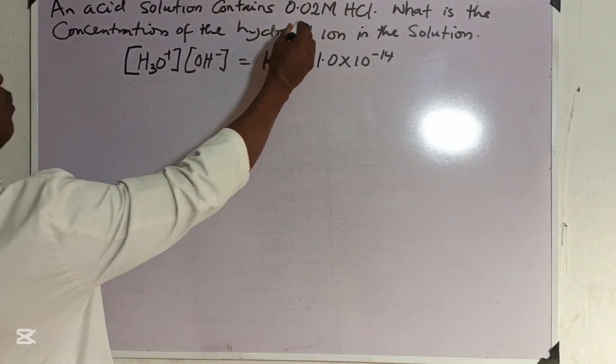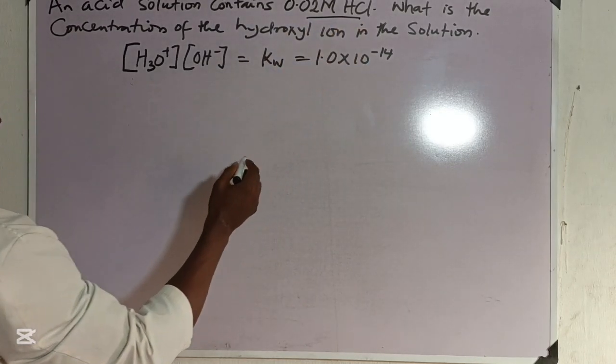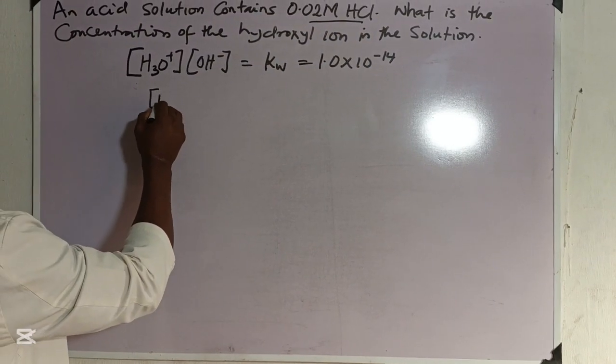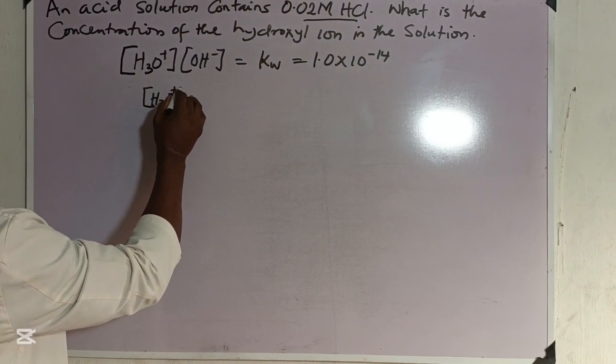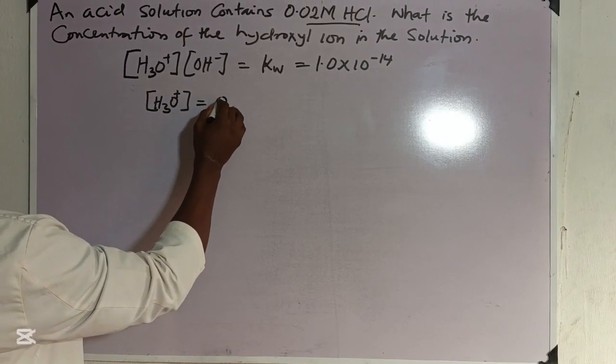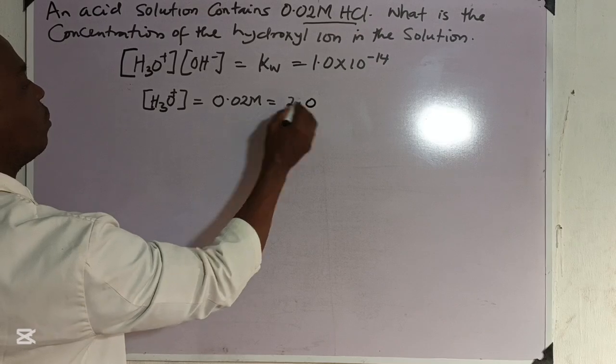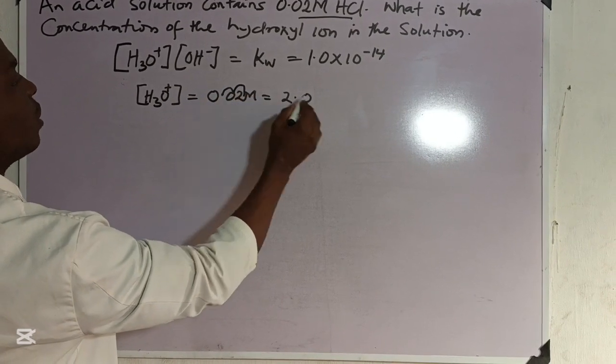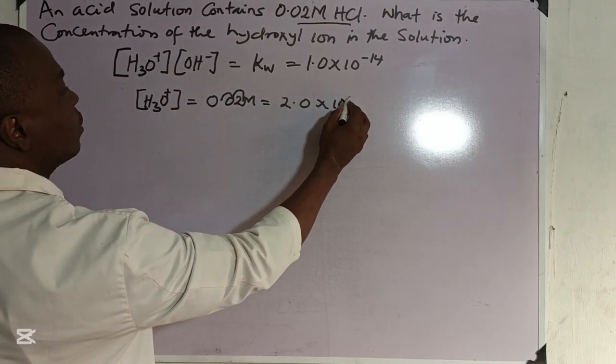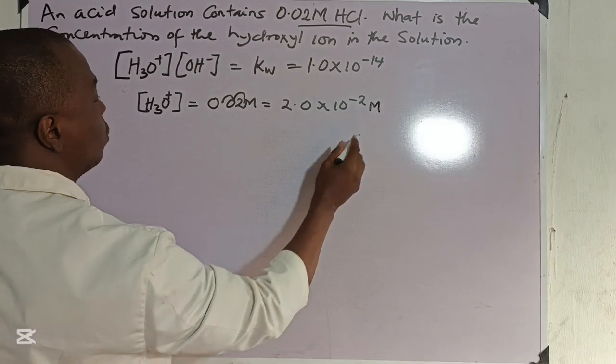In this calculation, we've been given the concentration of the hydrogen ion, which is equal to 0.02 moles, which is 2.0. That is, if we move two steps, we'll have 2.0 times 10 raised to power minus 2 moles.